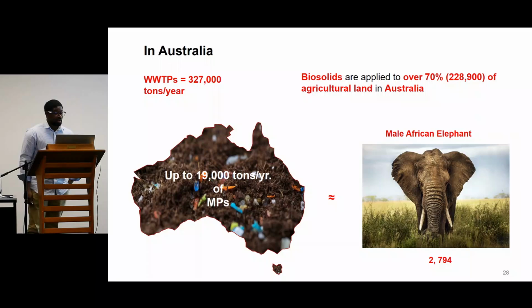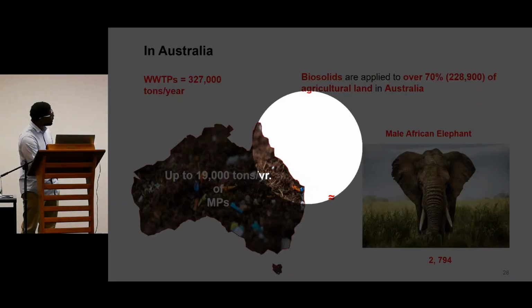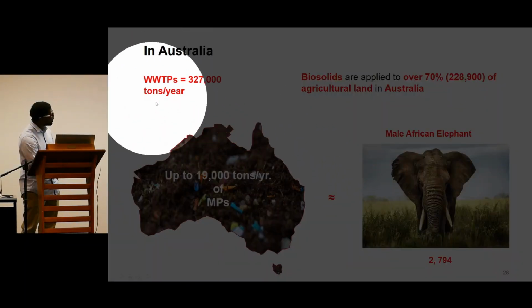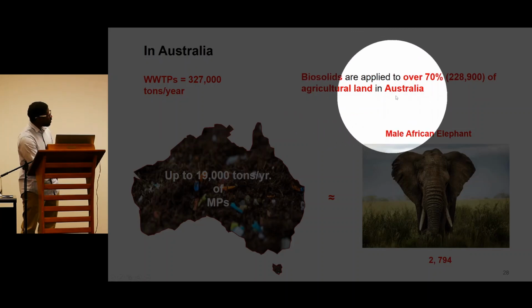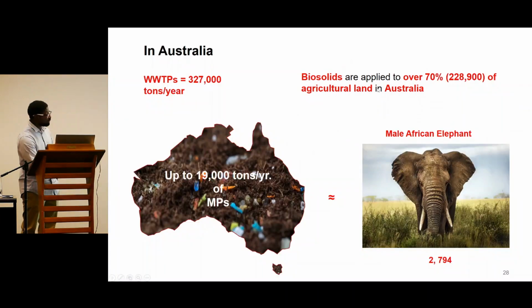So in Australia, which just like any other country also produces biosolids, this is the amount that Australia produces, and this is a lot of biosolids. And out of this number, 70% is applied to agricultural soil. So that is almost using all the biosolids for agricultural purposes.